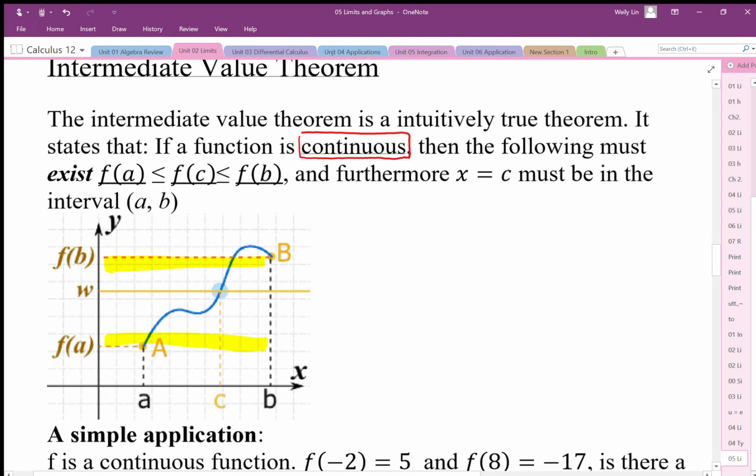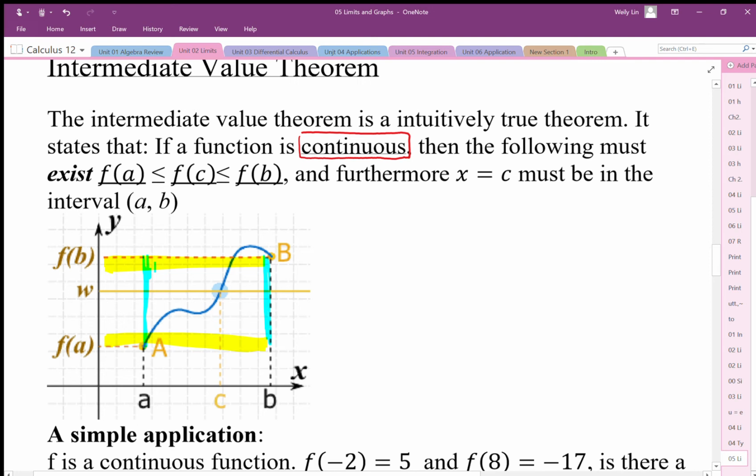Okay? Furthermore, when it comes to what's happening on the x-axis, we also have some constraints. We know that the c value has to be constrained between here and here. Okay? So we know that when we find c, it's going to be in here.